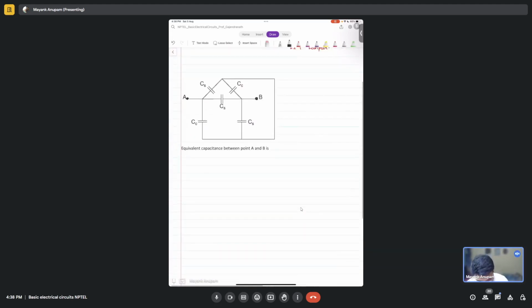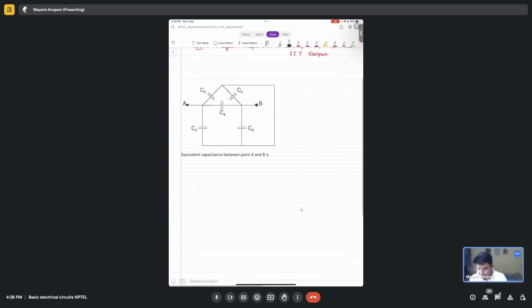So, find the equivalent capacitance between node A and B. What should I do?